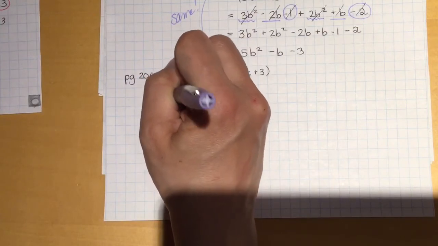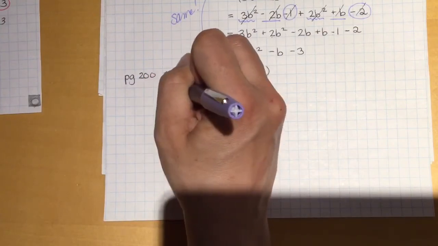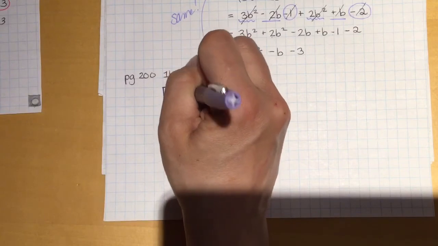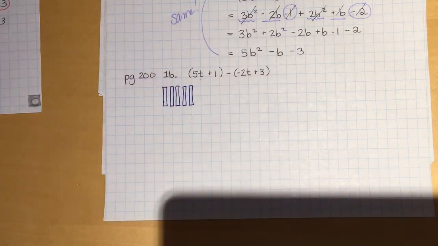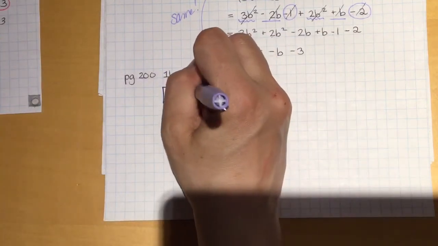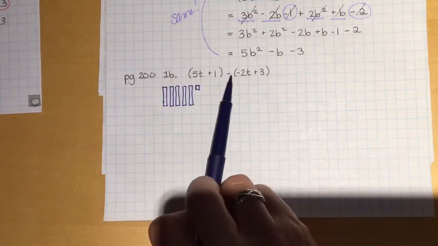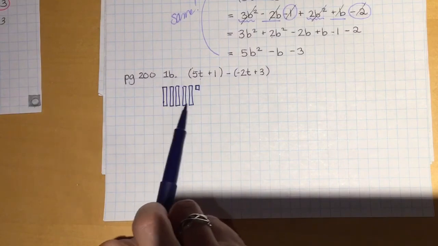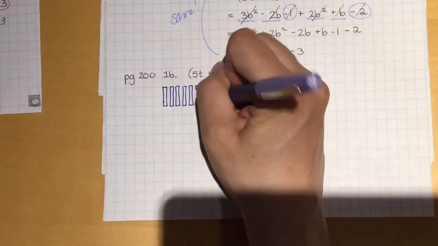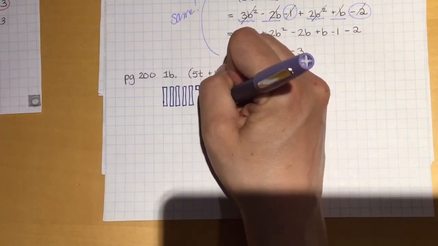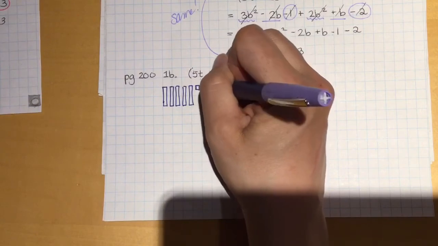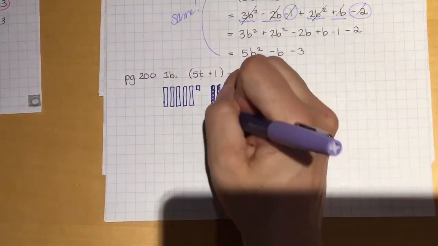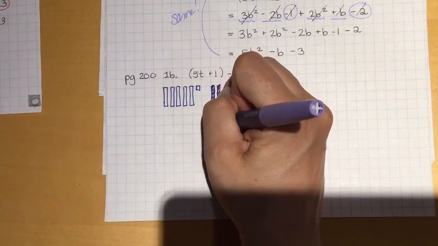So 1, 2, 3, 4, 5, and then plus 1 little square. Now I want to take away negative 2t. I don't have any negatives here, so I'm going to draw them in. To make sure that they don't affect our polynomial, I'll make them a zero pair.